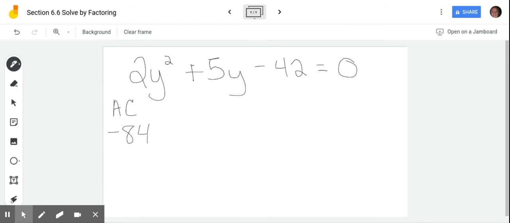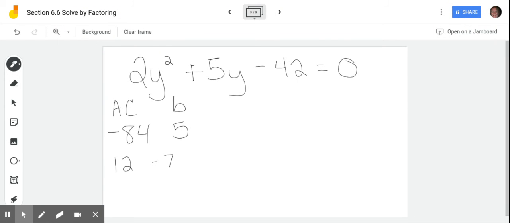I need 2 factors of that that, when I add them together, I get 5. So you're going to list all your factors and go through all that, and you're going to end up finding out that 12 and negative 7 are your 2 factors.